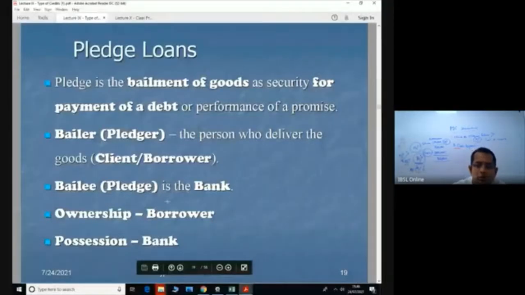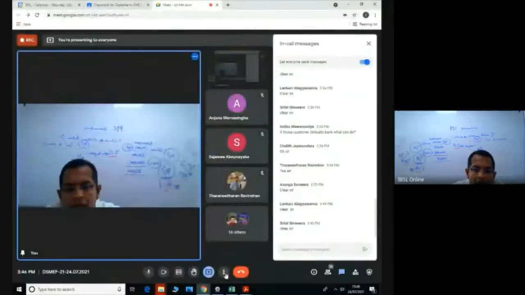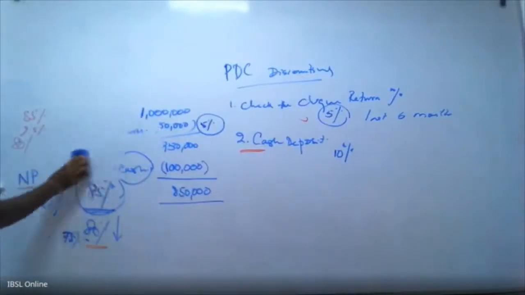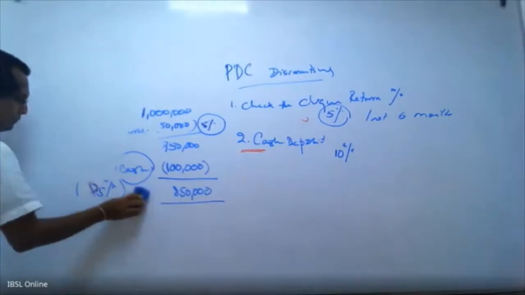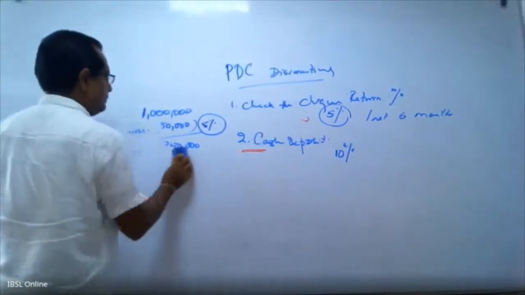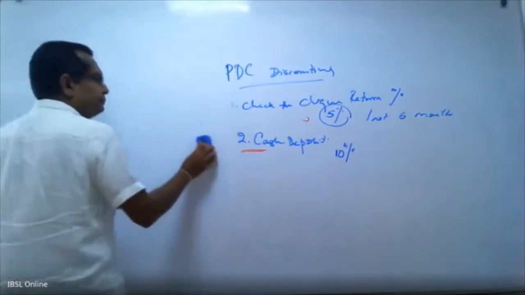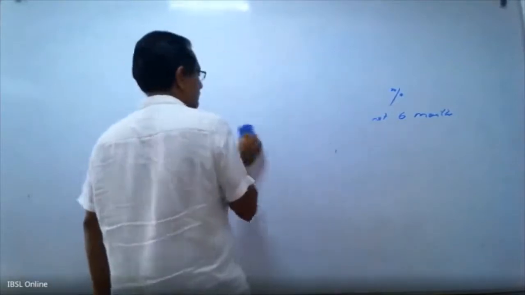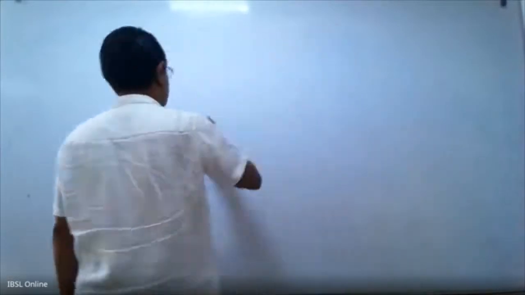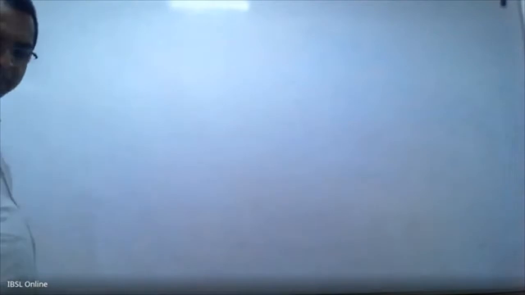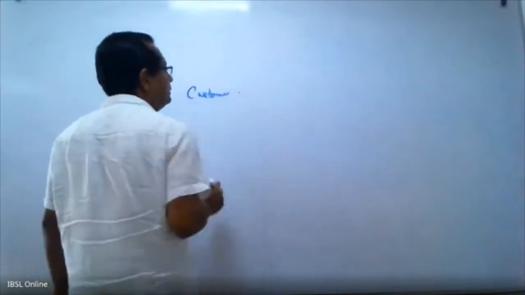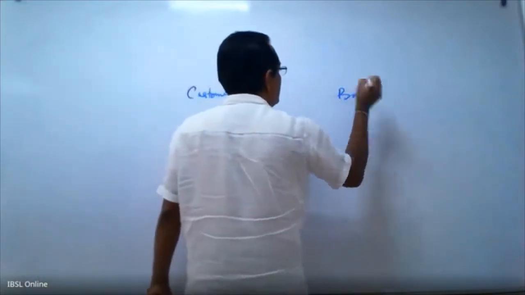Then we have the pledge loans. We have a customer or borrower, then we have the bank.